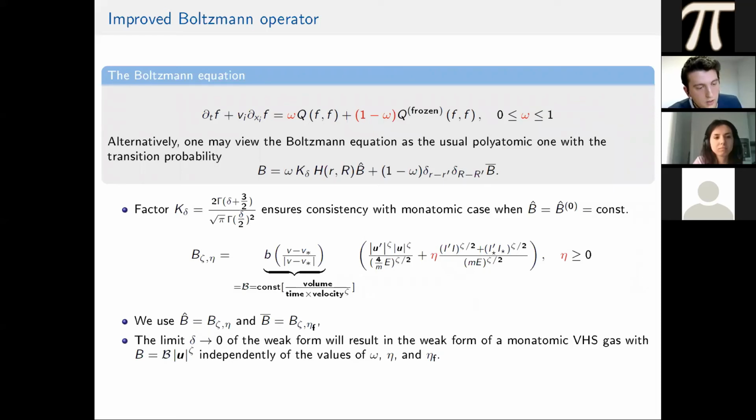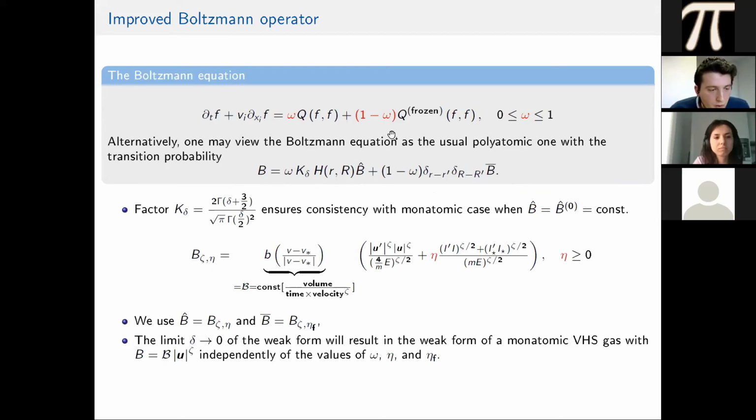Summing all of these, we use our standard collision operator and also the frozen collision operator, and we add a weight omega, where omega goes from 0 to 1. This omega says how much frozen collision you want and how much non-frozen collision you want. And as I said before, this can also be seen as one operator with this form of cross section.